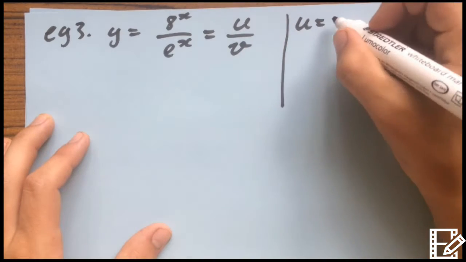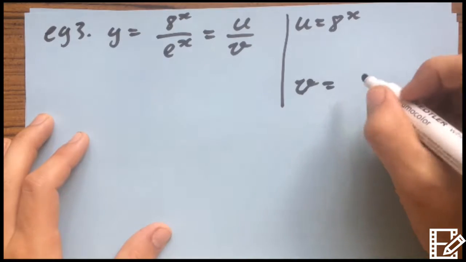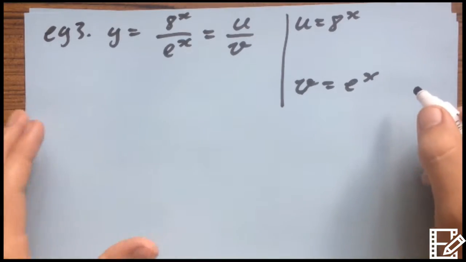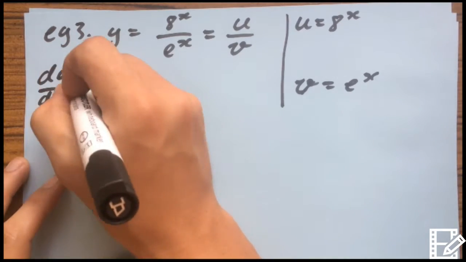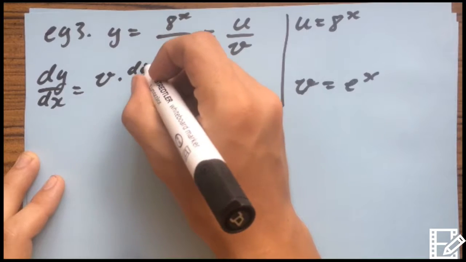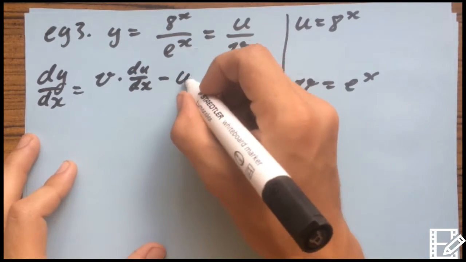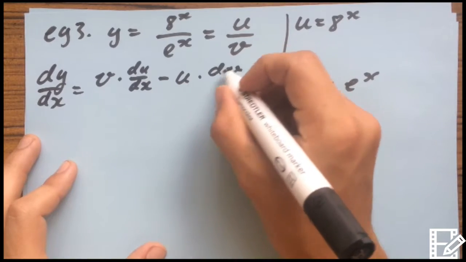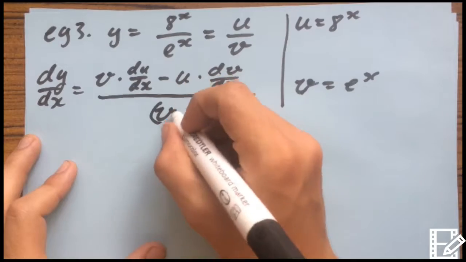So we'll label u as 8 to the power of x, and we'll label v as e to the power of x. The derivative of y with respect to x is v multiplied by the derivative of u with respect to x minus u multiplied by the derivative of v with respect to x, all over v squared.